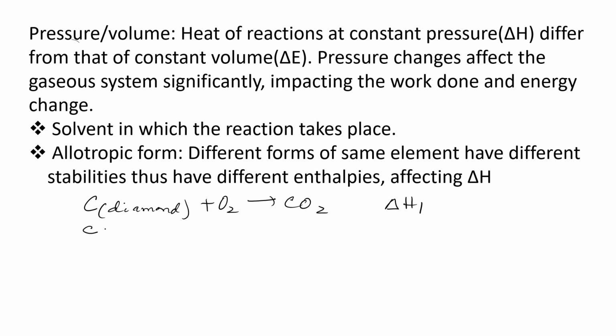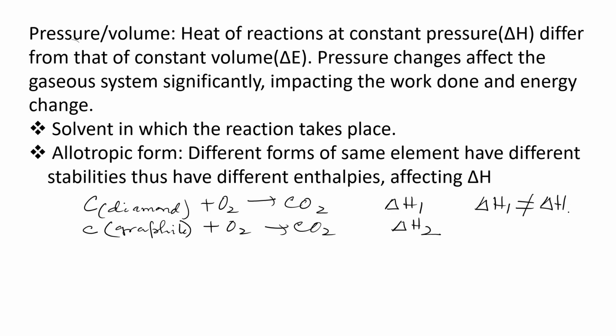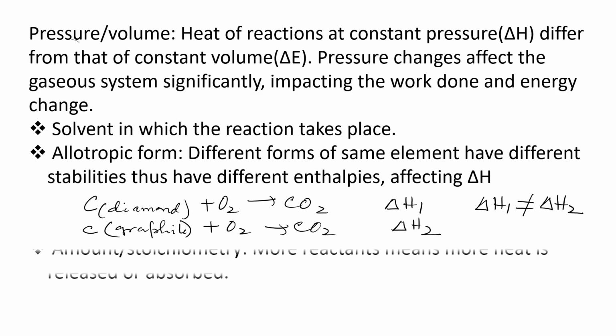And when carbon is in the graphite form, another allotropic form, plus oxygen gives carbon dioxide, then delta H2. Here the substance is the same, carbon, but in different allotropic forms. Here delta H1 is not equal to delta H2.